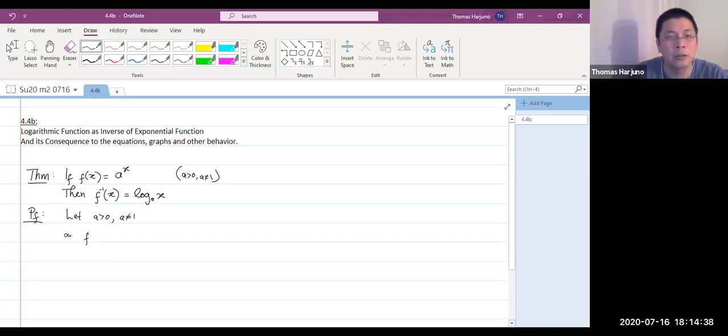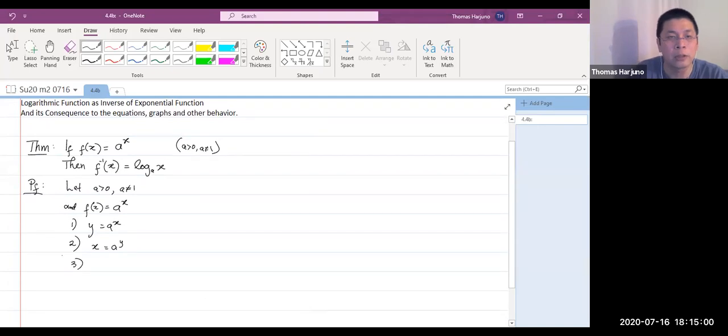And f(x) equals a to the x. Now the process of getting the inverse: step 1, y equals a to the x. Step 2, we swap x and y. Step 3, we solve for y, and to do so, we change it into log form.